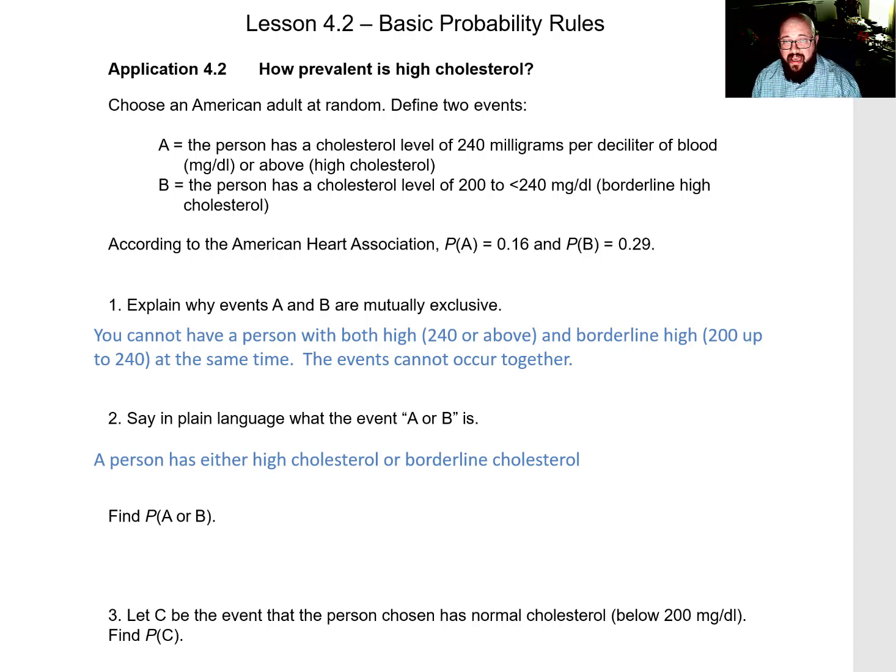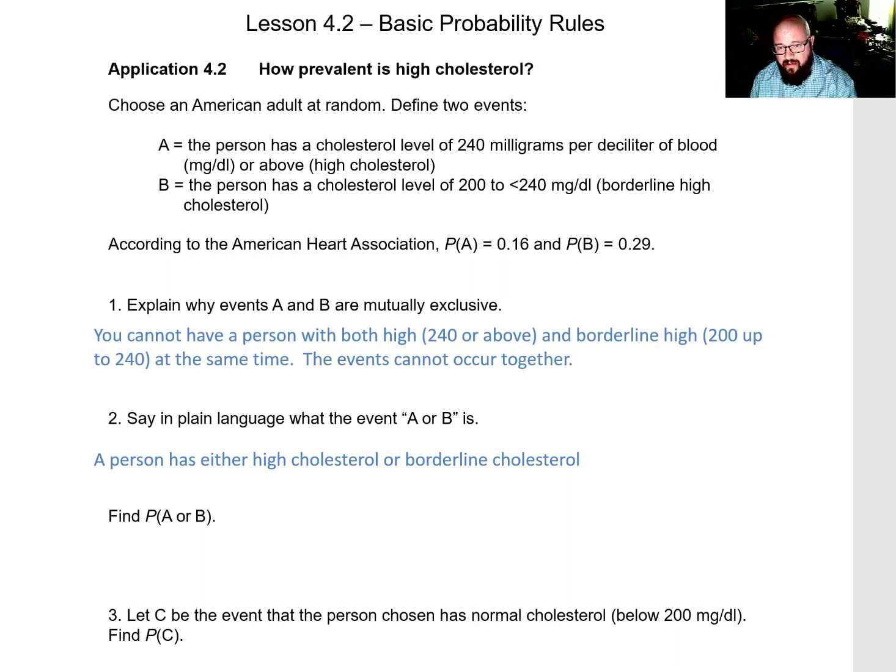At the event of A or B. So they either have high cholesterol or borderline cholesterol is what they're considering, okay? So that's all that is saying in plain English. If you say A or B in this problem, A is above or your high cholesterol and B is your borderline. So then it wants us to find the probability of A or B.